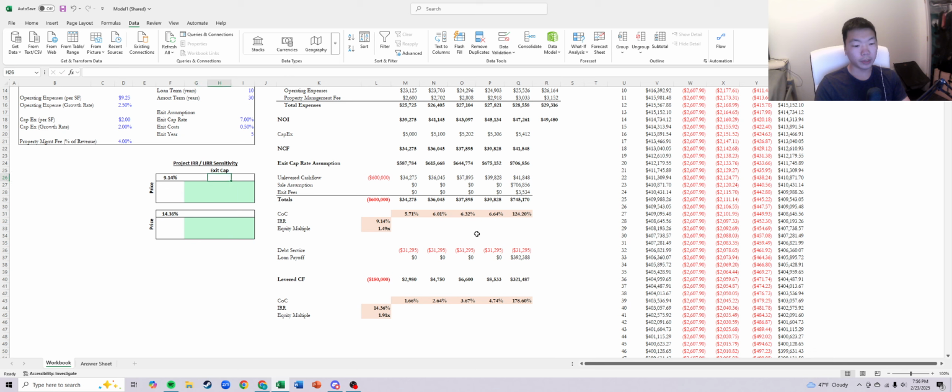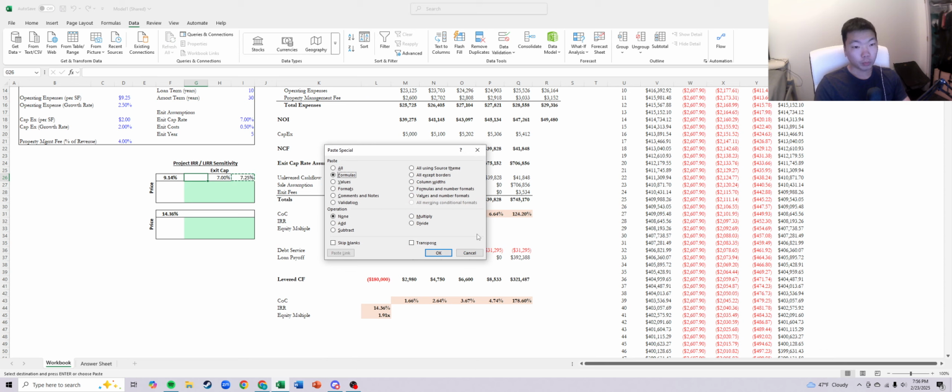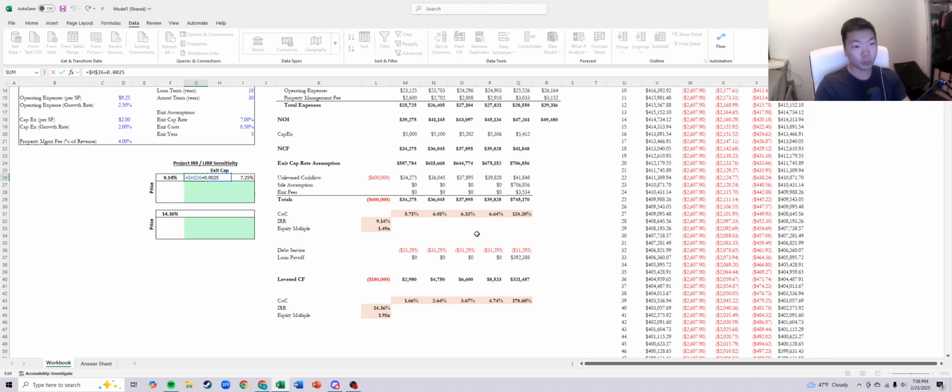So exit cap rate is 7 plus maybe 1/4%. Change that to negative.